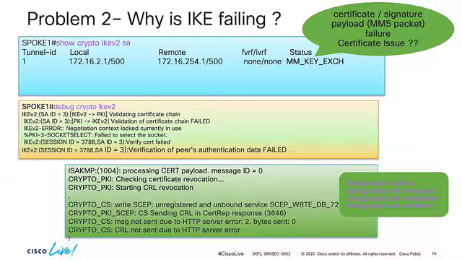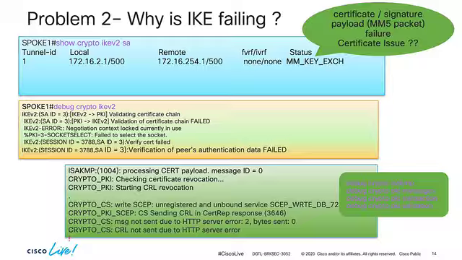What you can also do is run the PKI debugs, which is debug crypto PKI messages, transaction, or PKI validation. You can run all of these debugs. In this particular case, it very clearly says it's checking to see if the certificate is actually valid within the certificate revocation list.